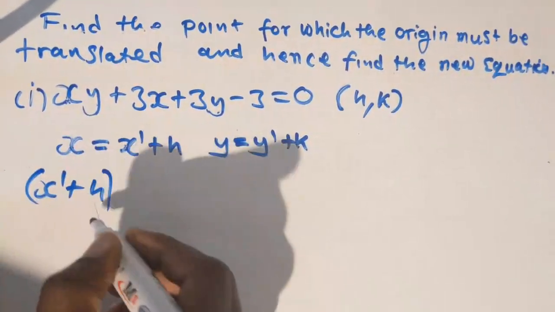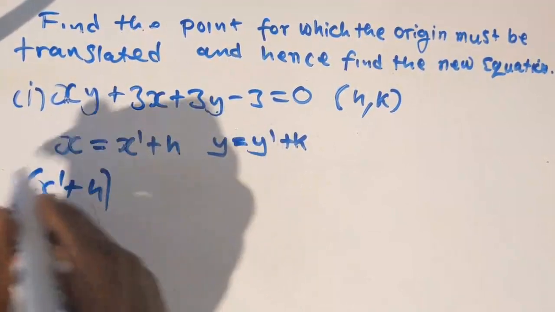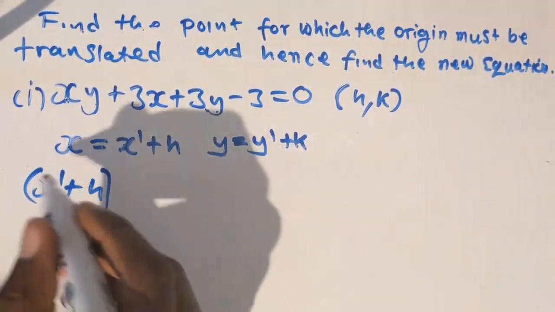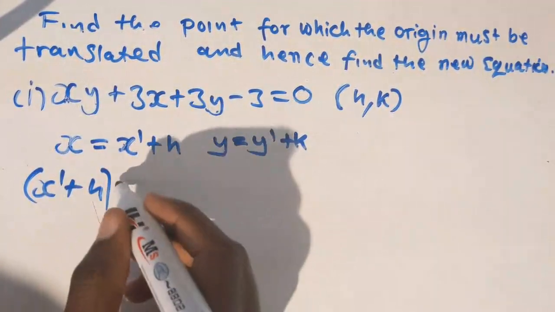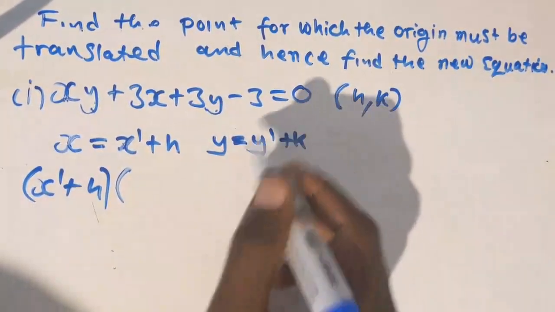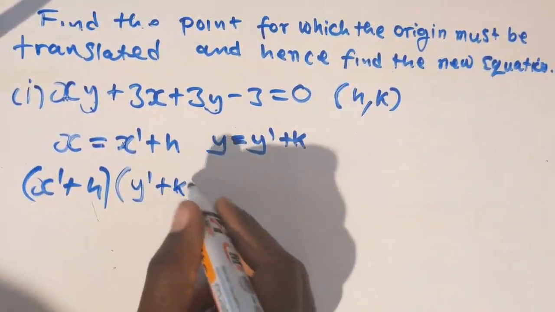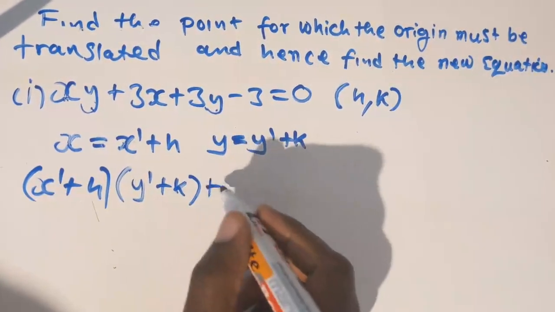It is multiplying with y, and multiplication we show by opening and closing the bracket. So we say multiplied by y, and y is y prime plus k.